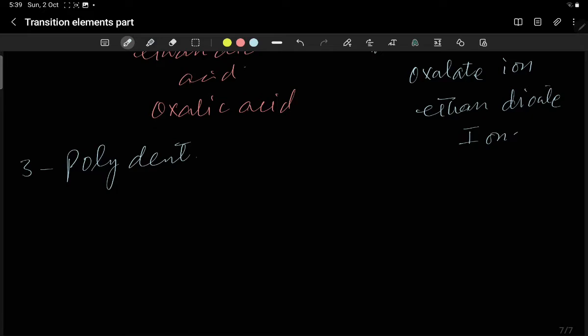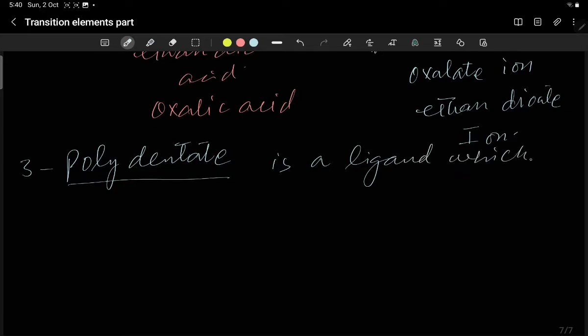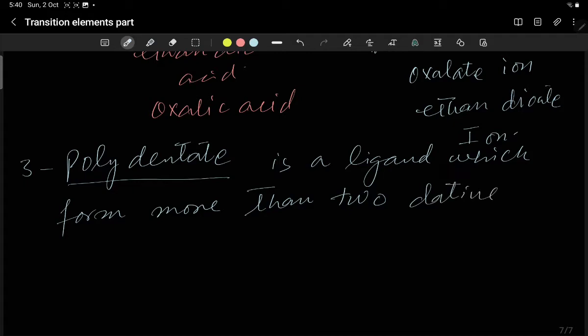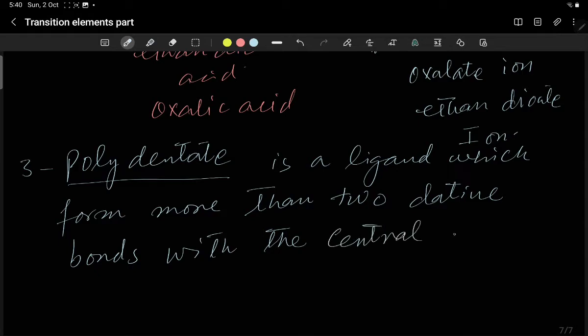The third type is polydentate. It is a type of ligand which forms more than two dative bonds with the central metal atom or ion.